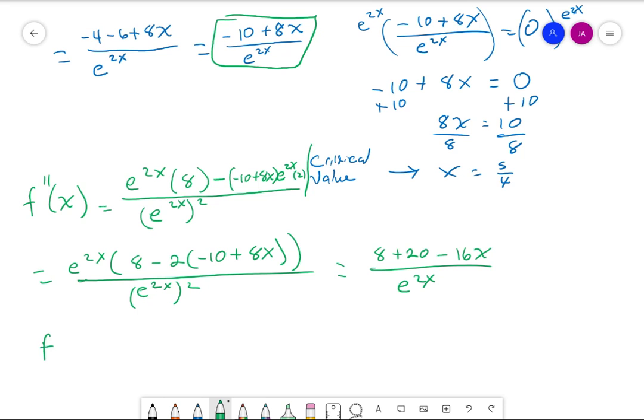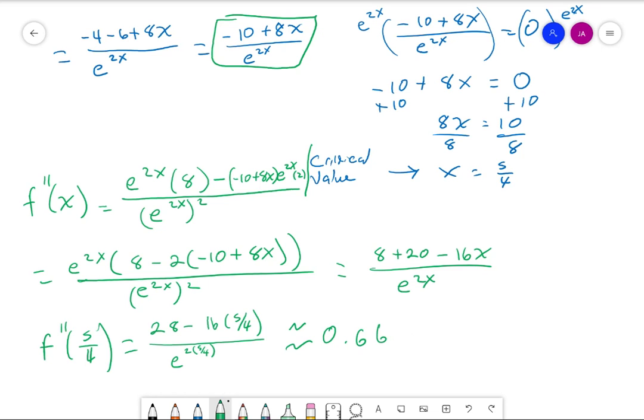At this point, I just want to calculate what is f double prime of 5/4. And so that is 28 minus 16 times 5/4, all divided by e to the 2 times 5/4. I get that this is approximately 0.66, but what matters here is that that is strictly greater than 0.